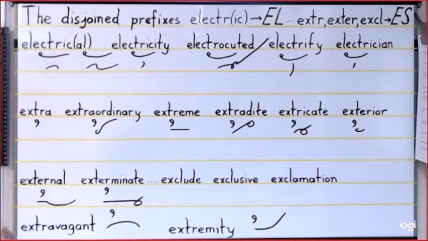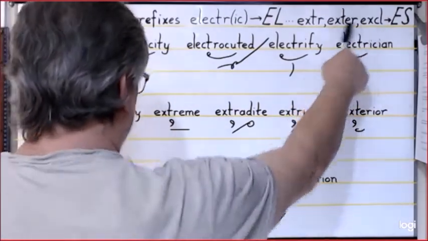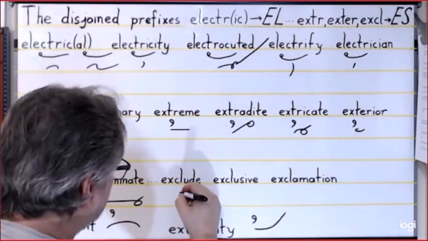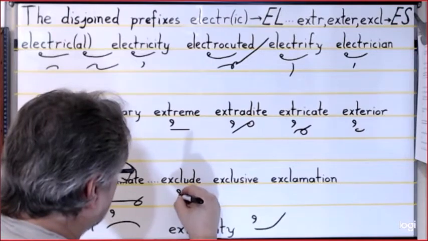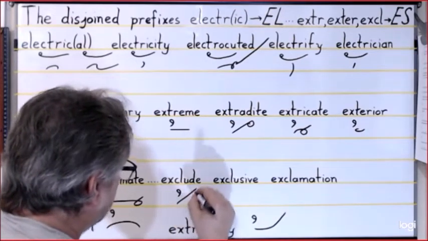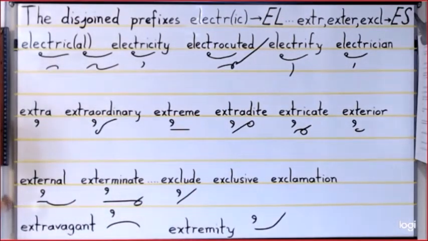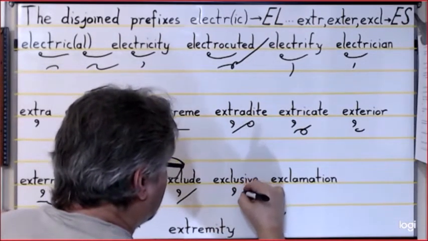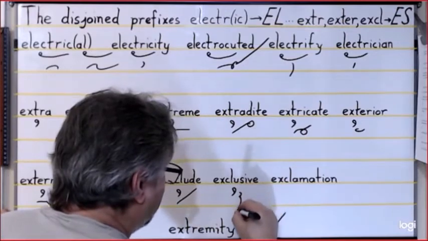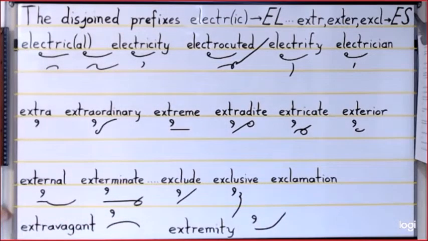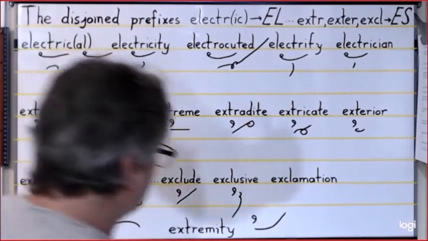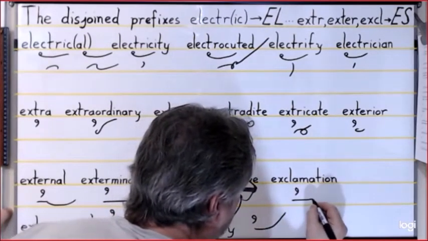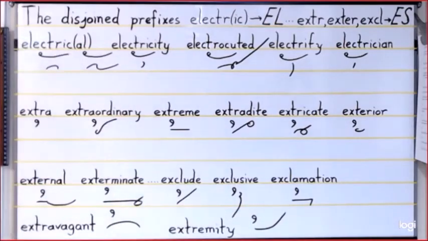And on to the EXCL disjoined prefix, exclude is E, S, and then a D. Exclusive is E, S, and then an S, and a V. And finally, exclamation, E, S, and then M, and the SH for the shun at the end.